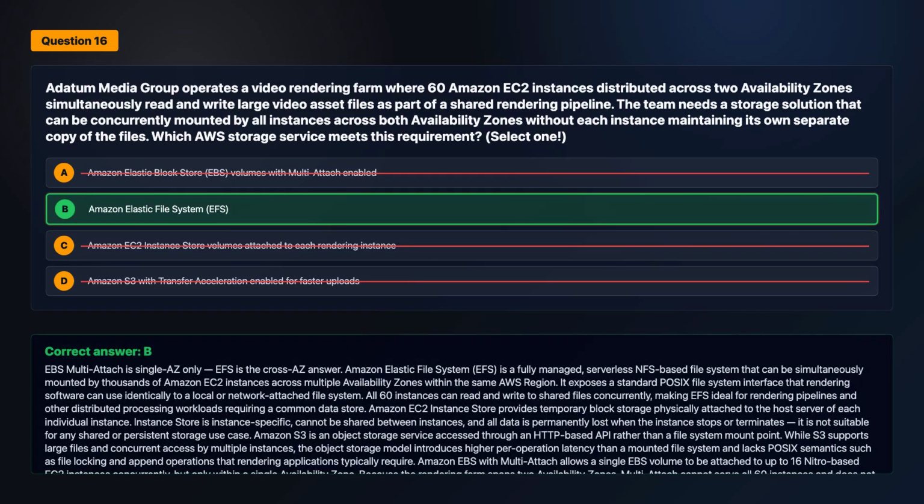The correct answer is option B. EBS multi-attach is single AZ only, EFS is the cross-AZ answer. Amazon Elastic File System, EFS, is a fully managed, serverless NFS-based file system that can be simultaneously mounted by thousands of Amazon EC2 instances across multiple availability zones within the same AWS region.